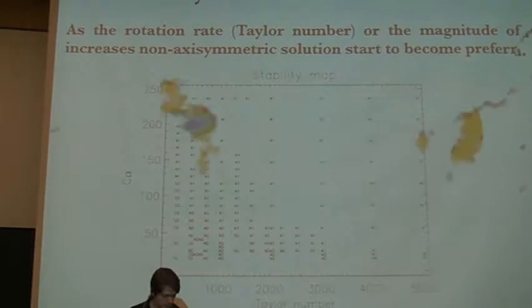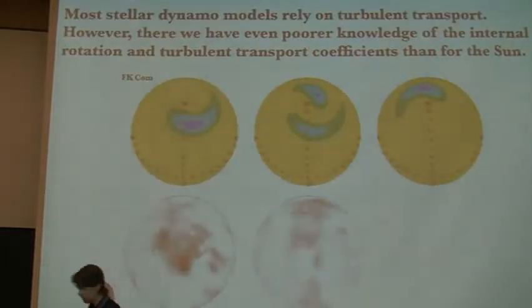And I have just one example of a stellar dynamo model. The problem, of course, is that we know even less about the stars than we know about the sun, observationally. This is a temperature map at two different times, and this is the magnetic field configuration from the mean field model.